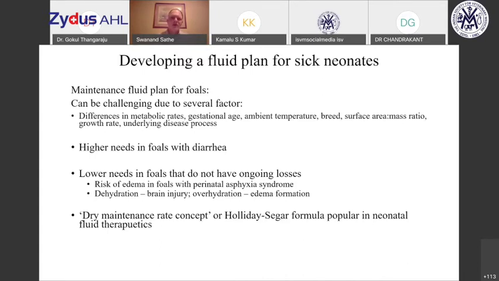So to counteract all these challenges, there is a formula that's very popular that's used among neonatal foals. It's called the Holiday-Segar formula, and it is also known as the dry maintenance rate concept. And it's quite popular in foal fluid therapeutics because it gives fluids very sparingly and reduces the risk of edema in these foals.